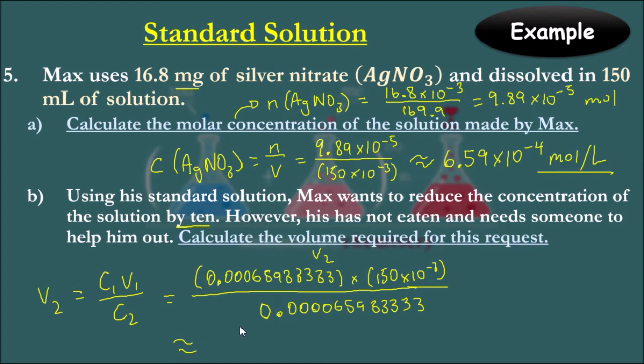And I find that the amount of volume to decrease this by a factor of 10 is 1.50 liters. So I need to use 150 mL of that solution, take it to 1.5 liters, so add my solvent, in this case probably distilled water, to 1.5 liters, and that will decrease the concentration by a factor of 10.